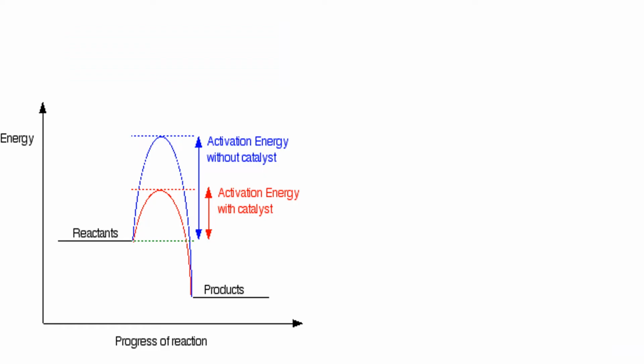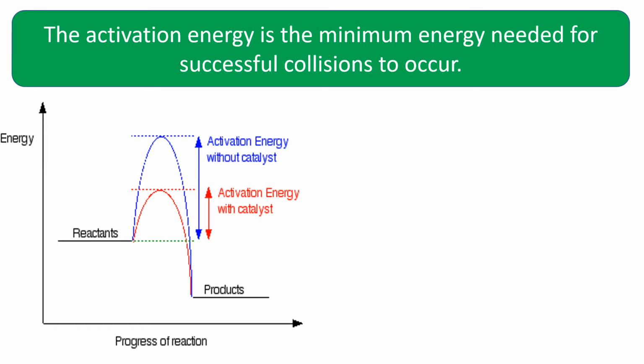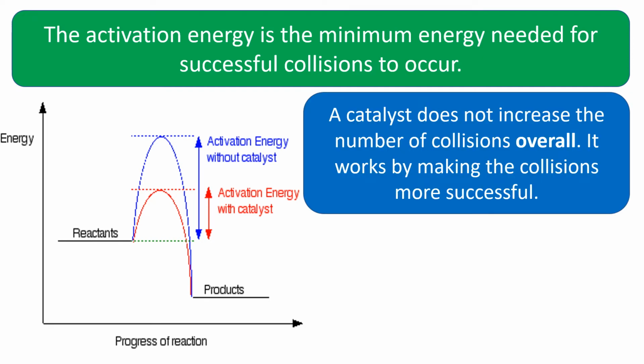The catalyst side of things ties in with this idea that we've learned about with energetics, endothermic, exothermic reactions. We know the activation energy needed to start that reaction. We need that minimum amount of energy needed for the successful collisions to occur. So starting that reaction, getting those successful collisions actually happening. Now you should remember from endothermic, exothermic reactions that a catalyst doesn't increase the number of collisions overall.